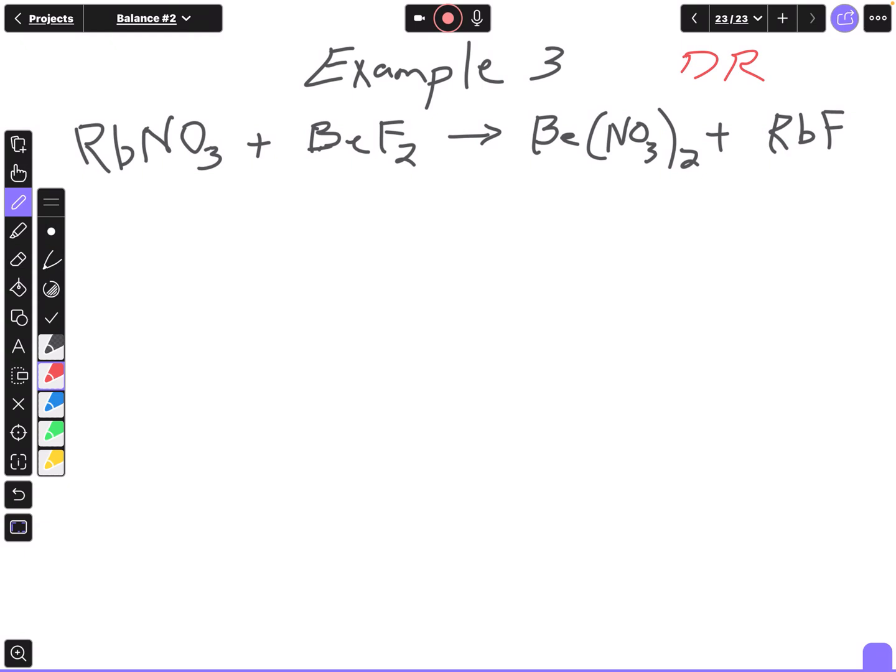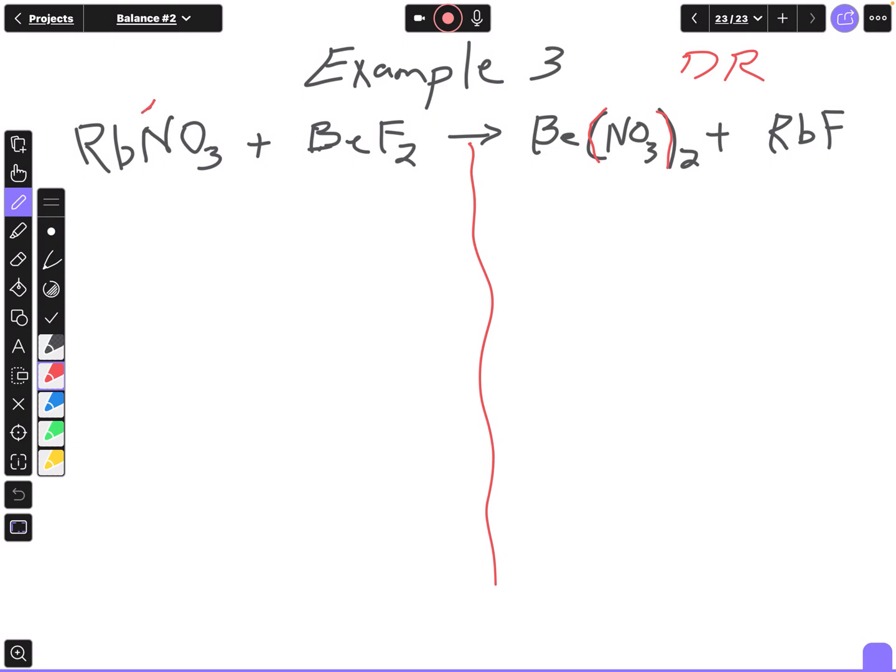I can shorten up the balancing if I recognize a polyatomic ion, and if it looks the same on each side, I can leave that as an ion instead of writing it as individual elements. Instead of breaking it up into nitrogen and oxygen, I can leave it as NO3, because NO3 is a polyatomic ion. On the right side, I got two of them.